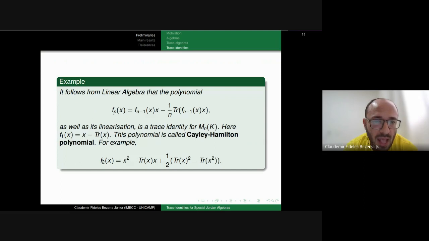Here, when n equal 1, we have this definition of this polynomial. This polynomial is called the Cayley-Hamilton polynomial, and for example, when n equal 2, we have this polynomial. We can prove that by induction on n.